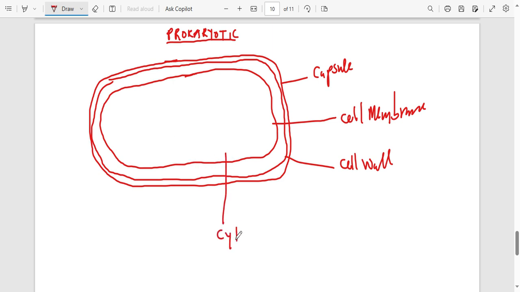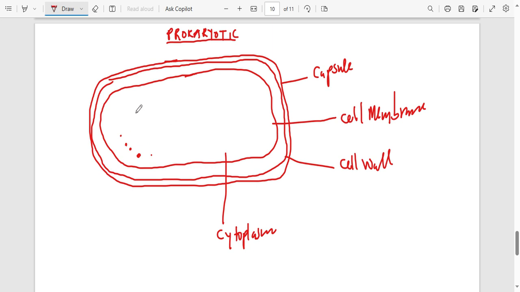And remember the cytoplasm, we said it has the cytosol, which is the liquid part, and the organelles. Some organelles we are going to find will include things like ribosomes. You are going to have mitochondria, different organelles as we saw from the previous one.